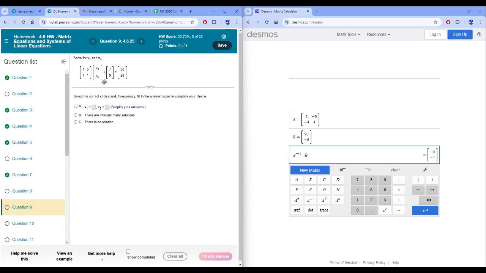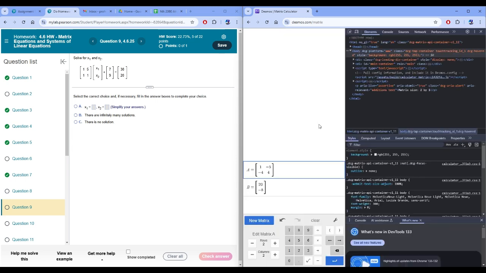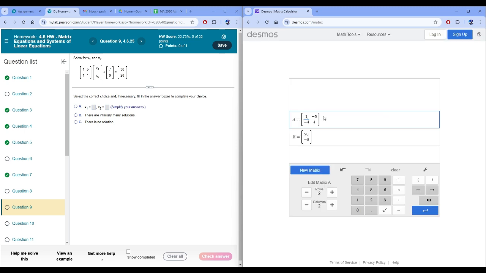And then here, I'm going to first have to subtract this, and then again apply the inverse of that. And then we can find our variables. So let's see if I can do this one. First, A is 1, 5, 1, 1. B is 7 and 9.